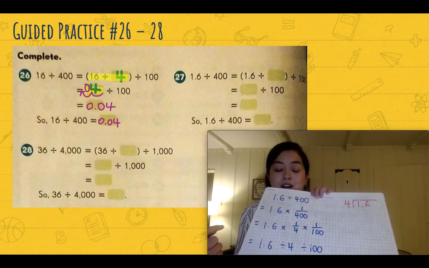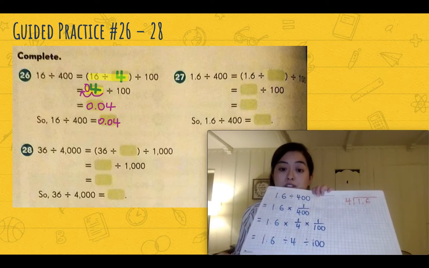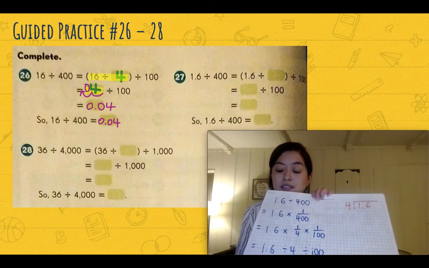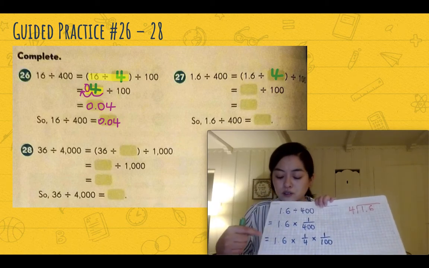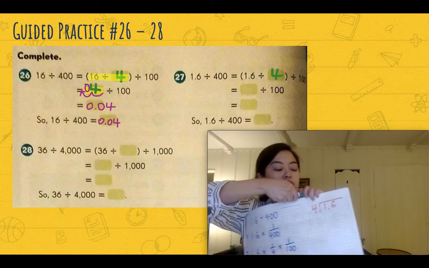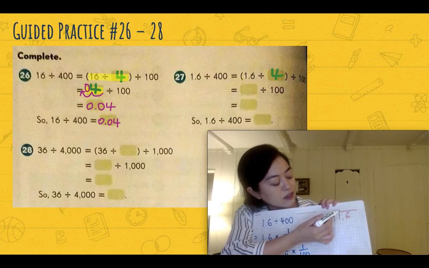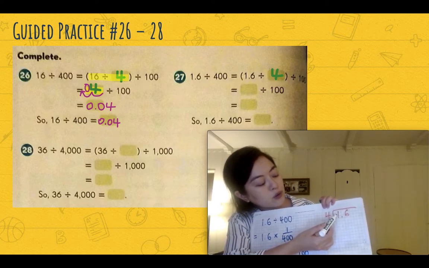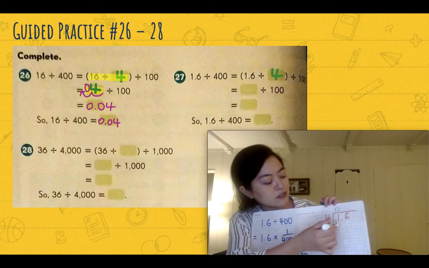Okay? And I'm going to do 1.6 divided by 4 first because that's what the order of operation tells me to do, and that's written for you on the screen. Okay? And now I have to do 1.6 divided by 4. So I'm going to do it right here. Okay? 4 times what gets me to 1 or close to 1. Okay? That's 0. So I'm going to just write a 0.